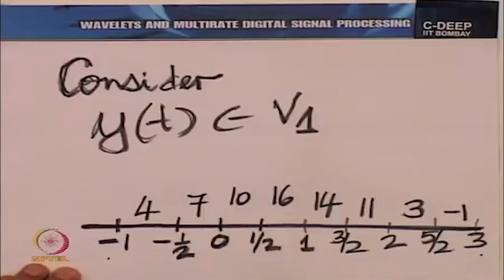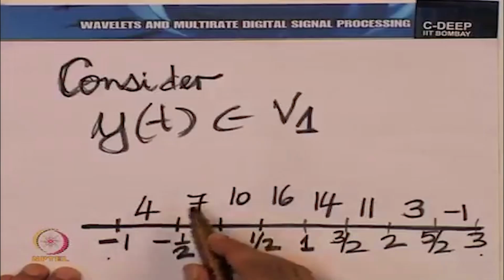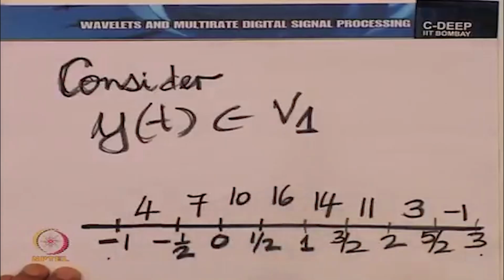We said it is quite adequate for us to write down the piecewise constant values in each half interval, and that would define the function completely. In fact, as far as a function belonging to V1 is concerned, it is these that constitute the coefficients of expansion.